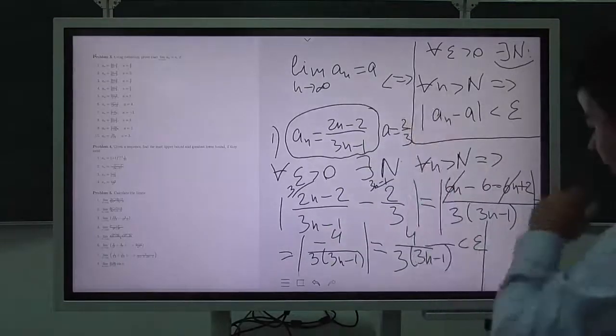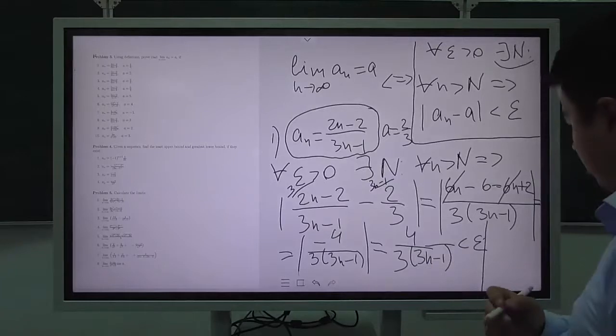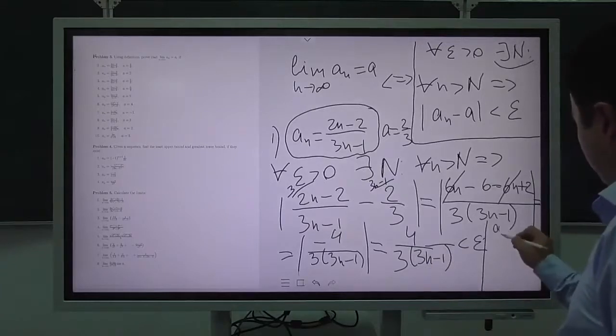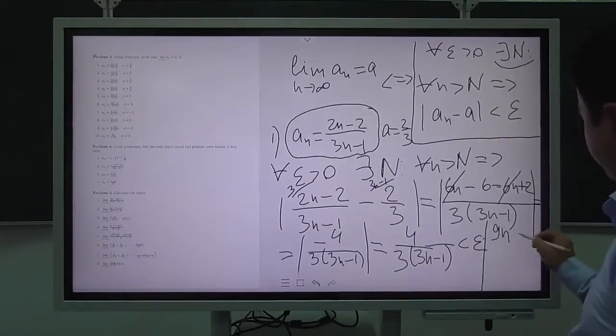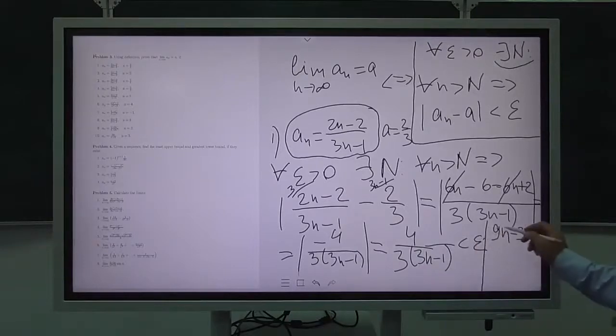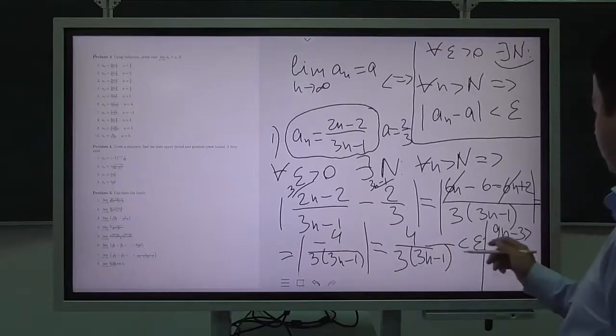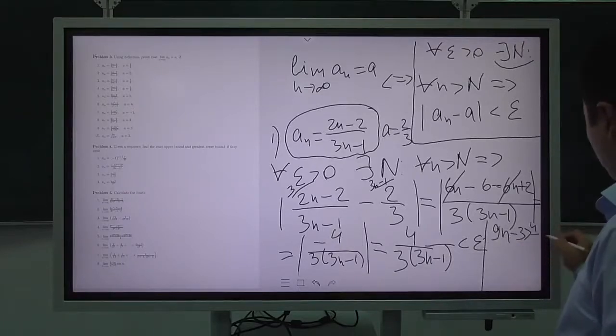So let's find n. Multiply to the right side and divide by epsilon. So 9n minus 3 is greater than, because it goes to the right side, 4 over epsilon.